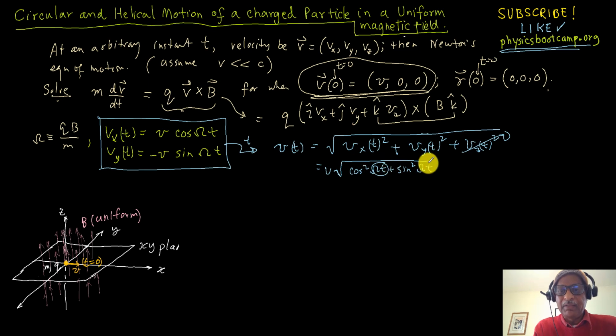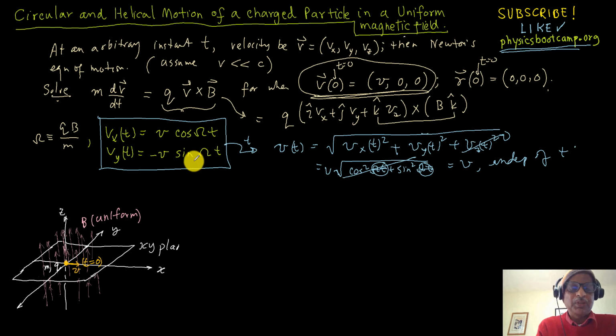If you call omega t theta, then this is equal to 1, and so this is equal to v, the original speed, independent of t.